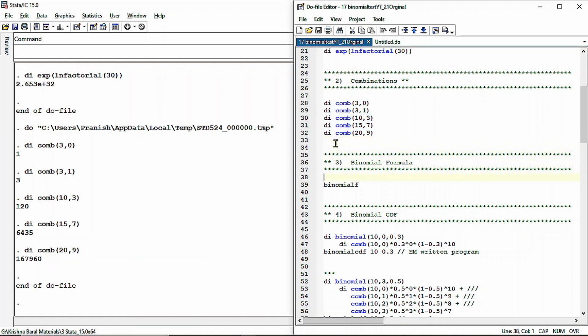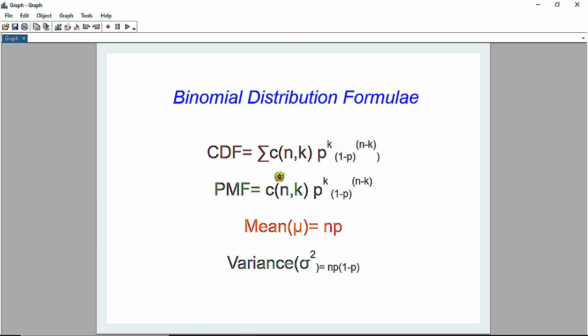Now let us look at the formula of the binomial distribution. For any binary outcome, the probability of success p is itself the mean, and the variance is p times 1 minus p, the product of the probability of success and the probability of failure. If we multiply by n for n trials, the mean is np and the variance is np(1 minus p).